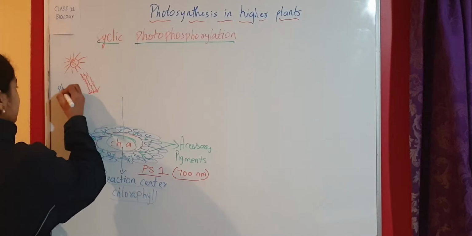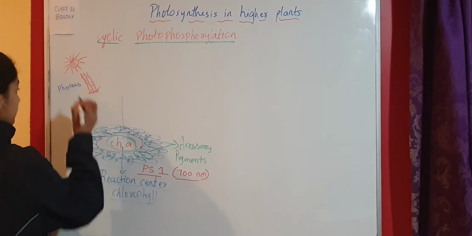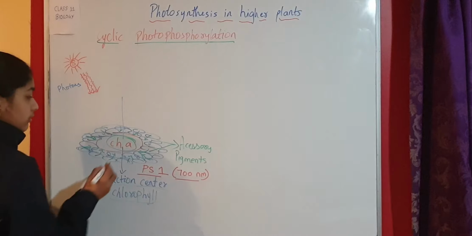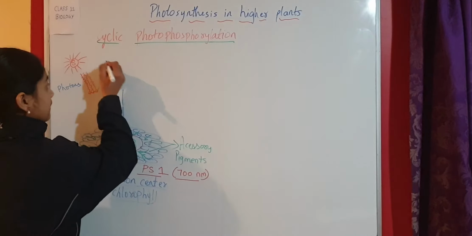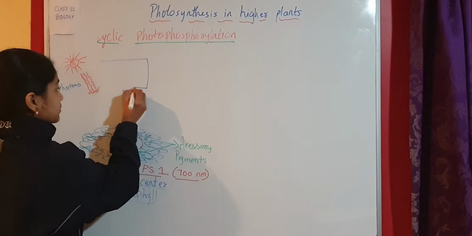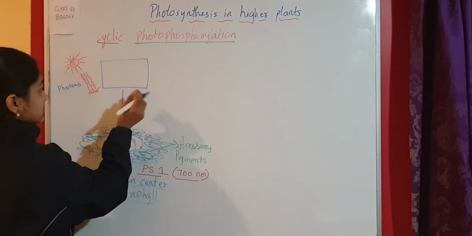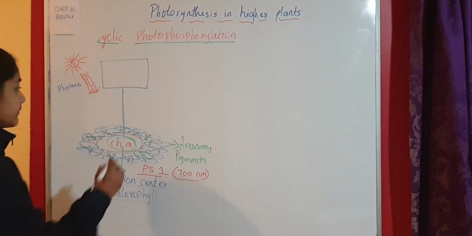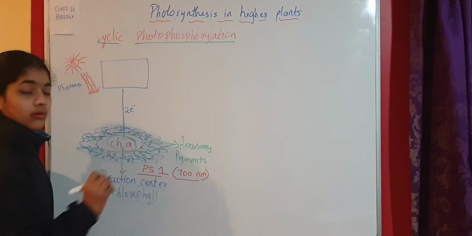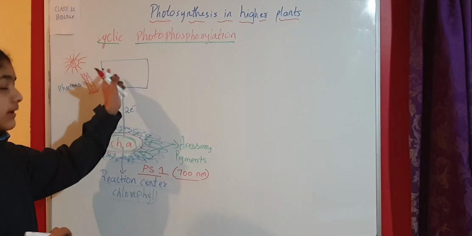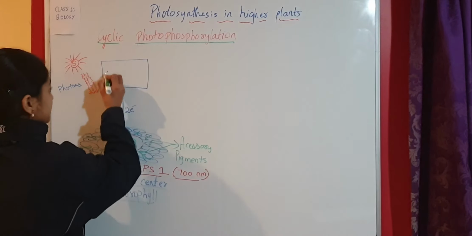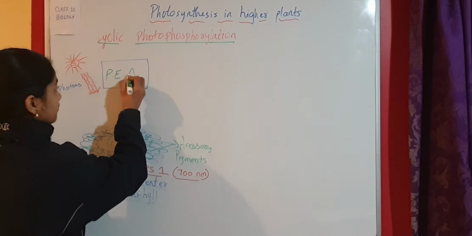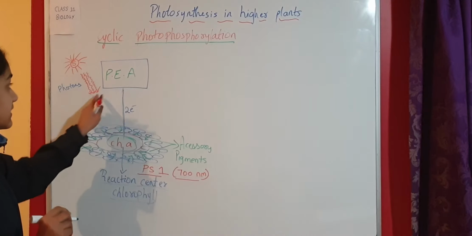These are photons. A pair of electrons from chlorophyll A is going to get excited and move upwards. This is my pair of electrons which gets excited upwards, and it goes to something called PEA, or primary electron acceptor.